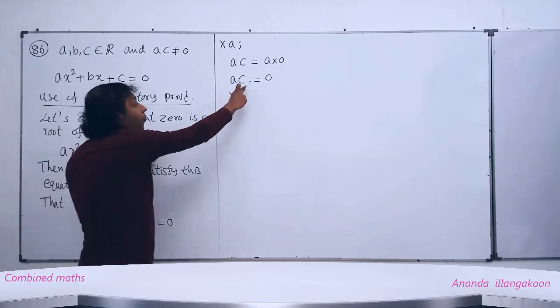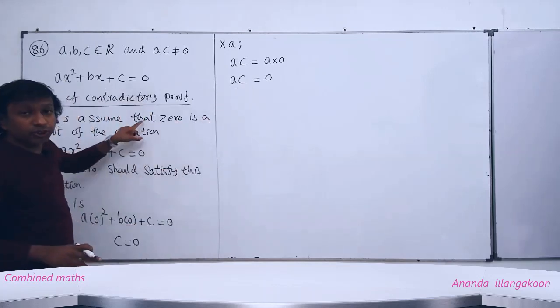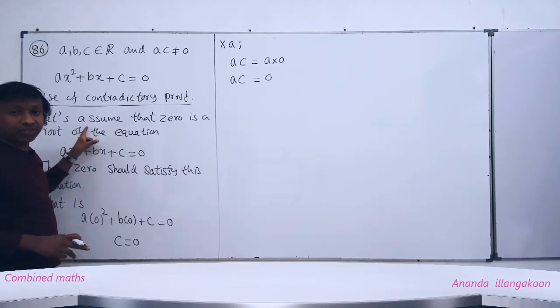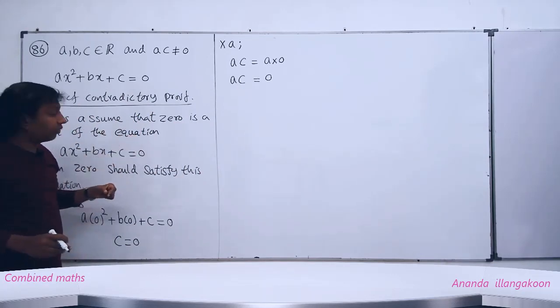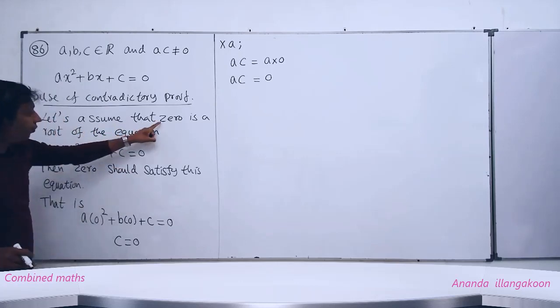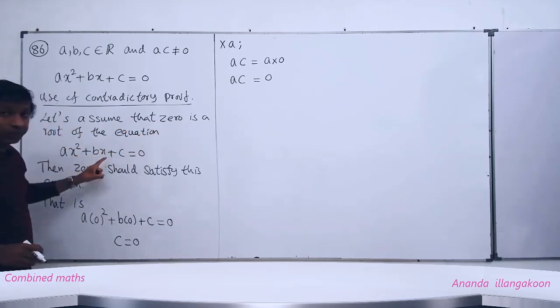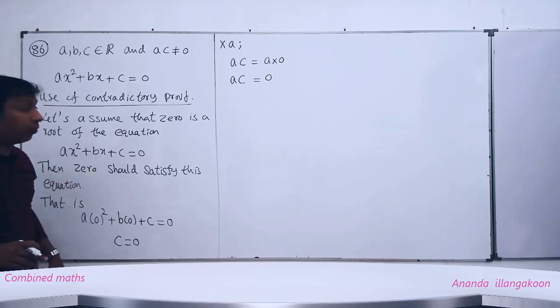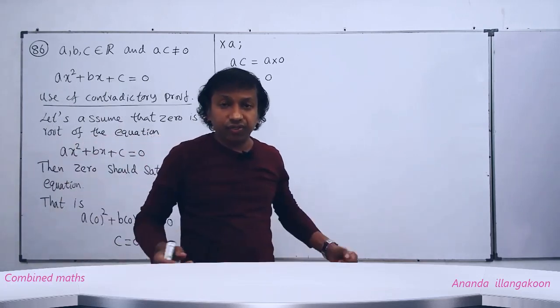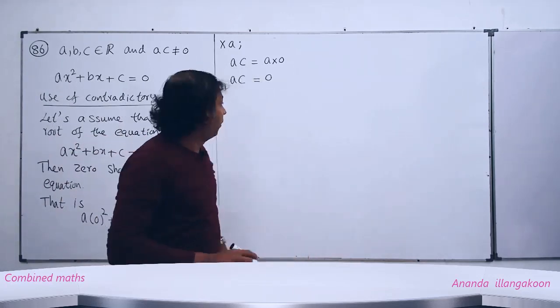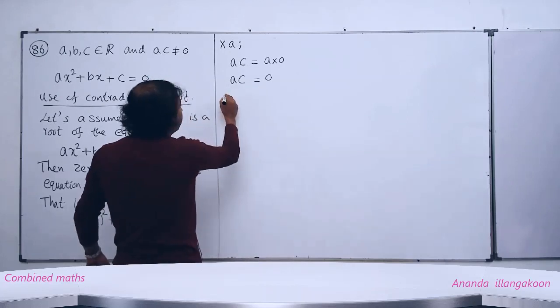If this is wrong, then this assumption must be wrong. We assumed 0 is a root of this equation. That is wrong. Then 0 is not the root of this equation. Understand? This is wrong.